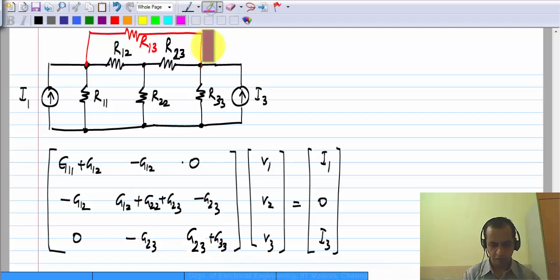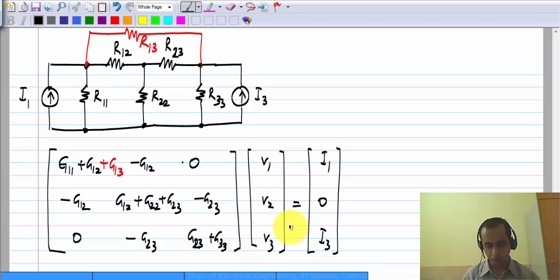So we have node 1 here. Before, the total conductance was G11 plus G12. Now it will also have G13. And this is for node 3. Earlier we had G23 plus G33. Now we will have G13 as well, so G13 plus G23 plus G33.